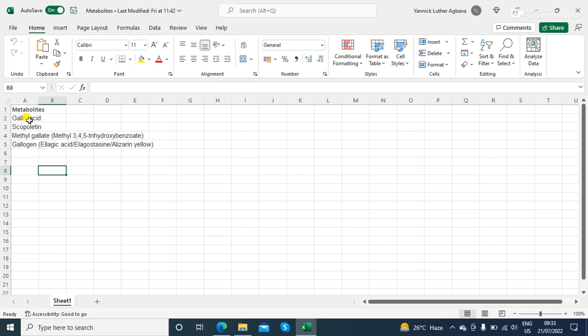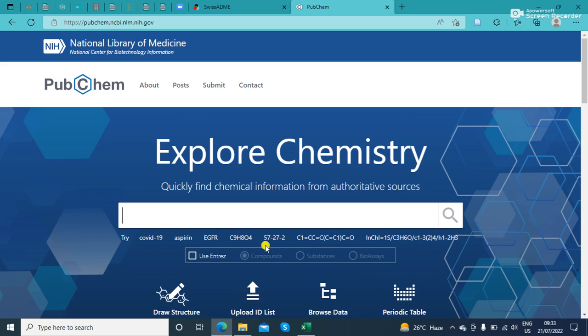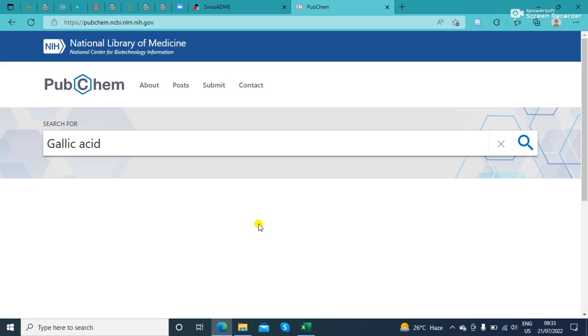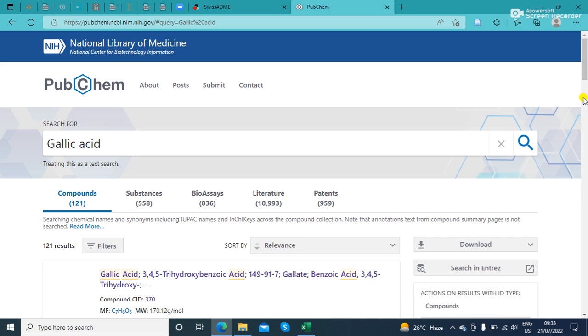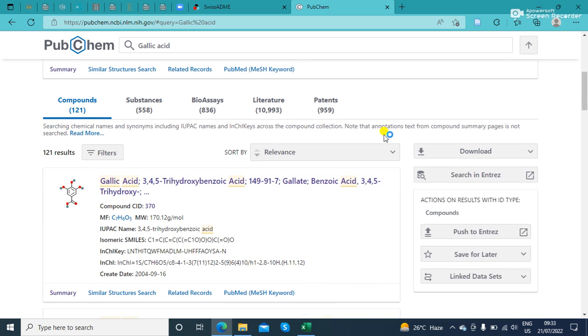All right. So I have gallic acid here. In fact, maybe we will just use gallic acid only, to show an example. So gallic acid, we ask PubChem to bring us gallic acid here.